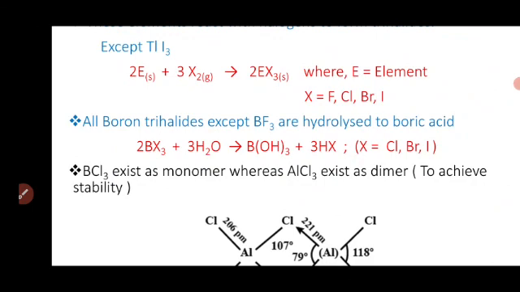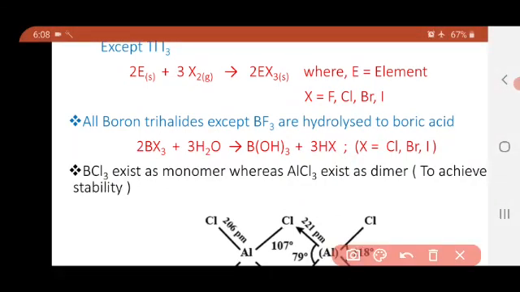So BX3 plus 3H2O gives B(OH)3. This is called boric acid, which is also called orthoboric acid. Again, we can write the formula as H3BO3 also. H3BO3 for boric acid, or B(OH)3.